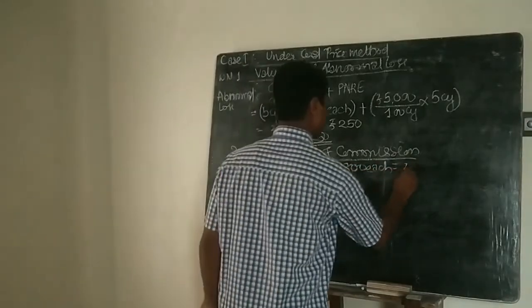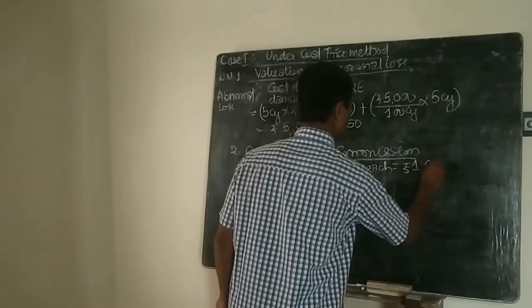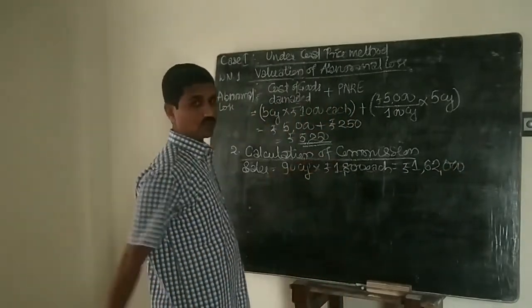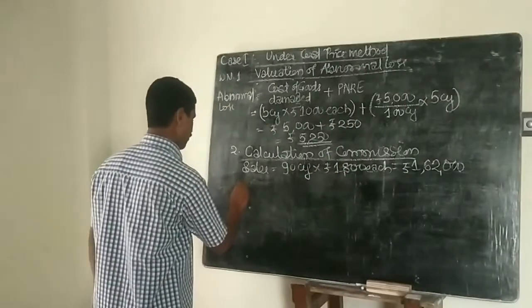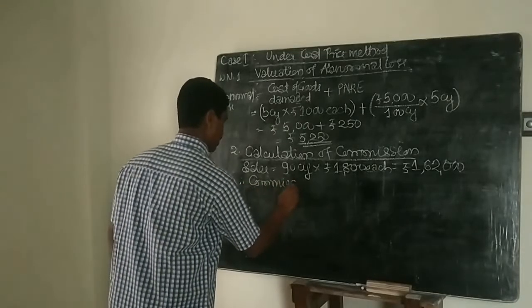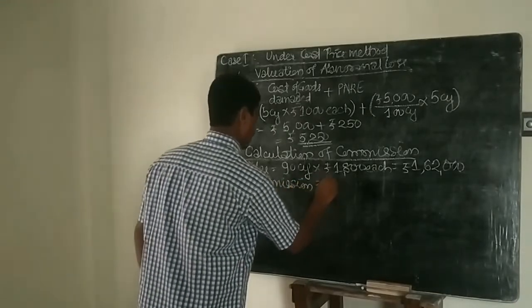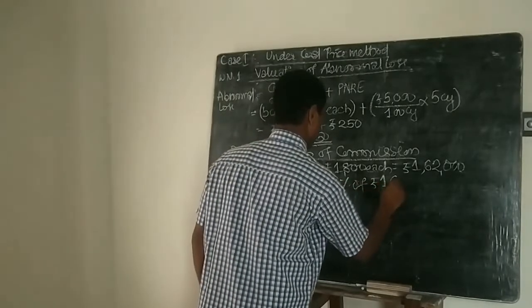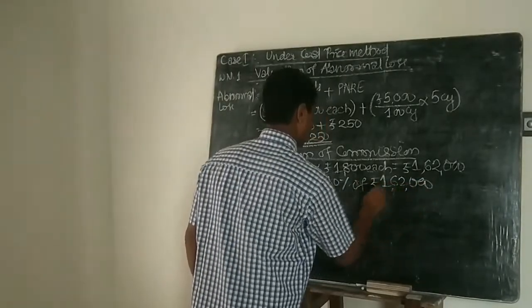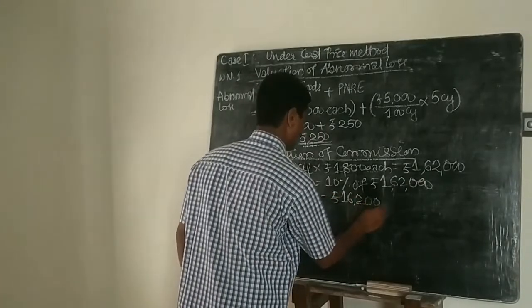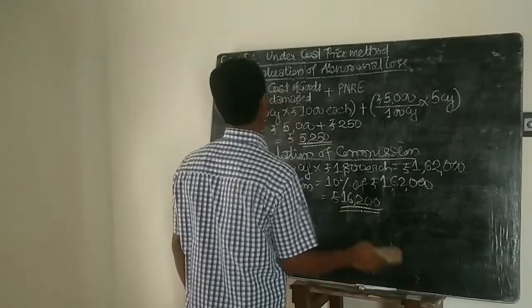So the amount of the sales made by the consignee comes to 1,62,000. Therefore commission equals 10% of rupees 1,62,000. That comes to rupees 16,200, which is the amount of the commission here.